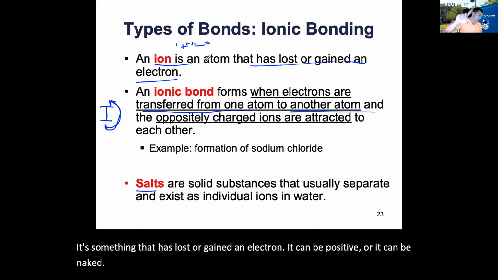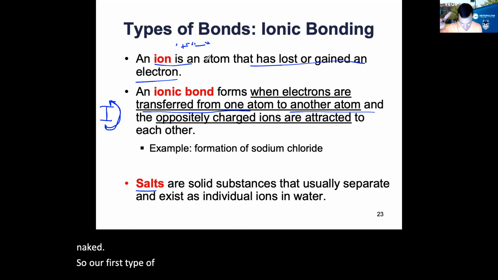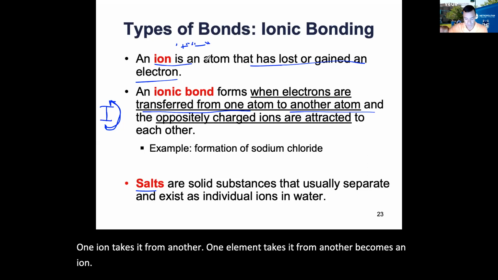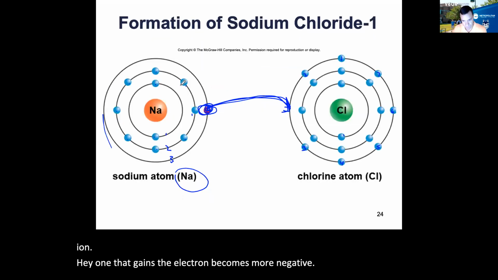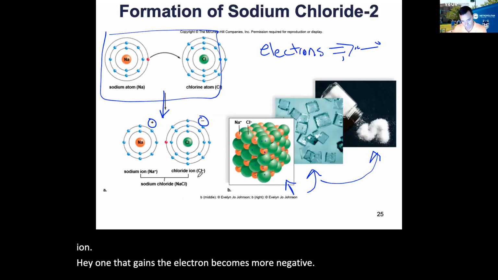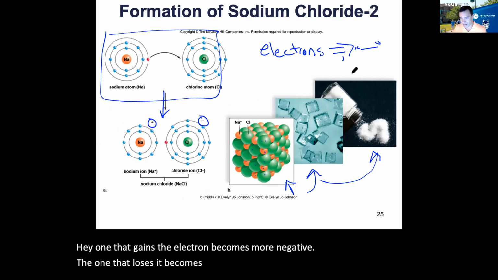So our first type of bond, ionic bond. An ionic bond takes. One element takes an electron from another and becomes an ion. The one that gains the electron becomes more negative. The one that loses it becomes more positive. Why does it become negative?